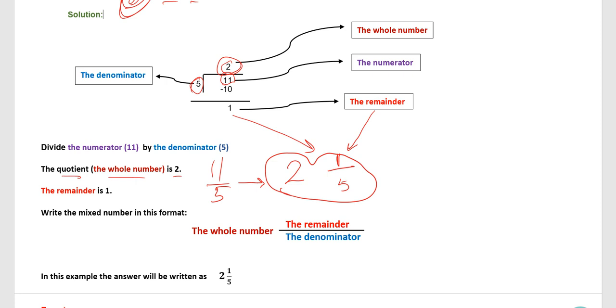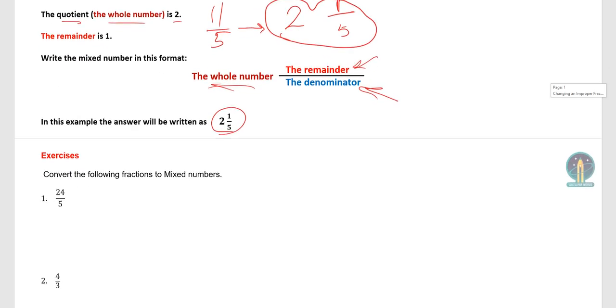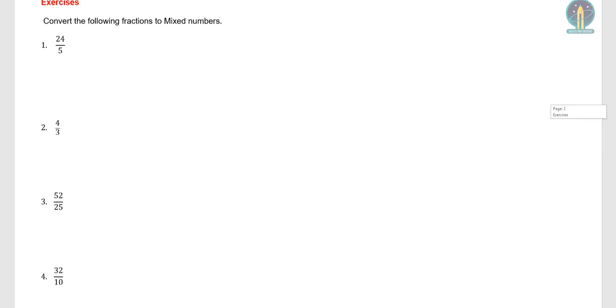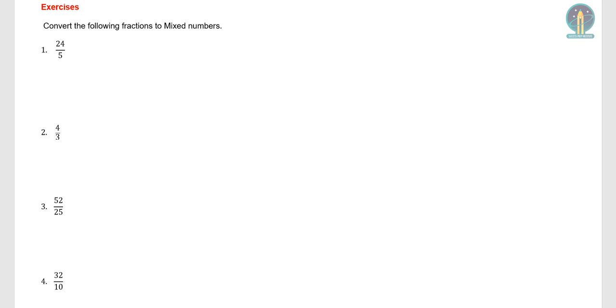Then you find the remainder, which in this case is 1, and then you write the mixed number in the format that I just showed: the whole number first, and then a fraction containing the remainder, and then the original denominator of the initial improper fraction. So again, the result is 2 and 1/5 in this case. Now we have some exercises to solidify this point. Please pause the video, work on these, and come back for the solutions.